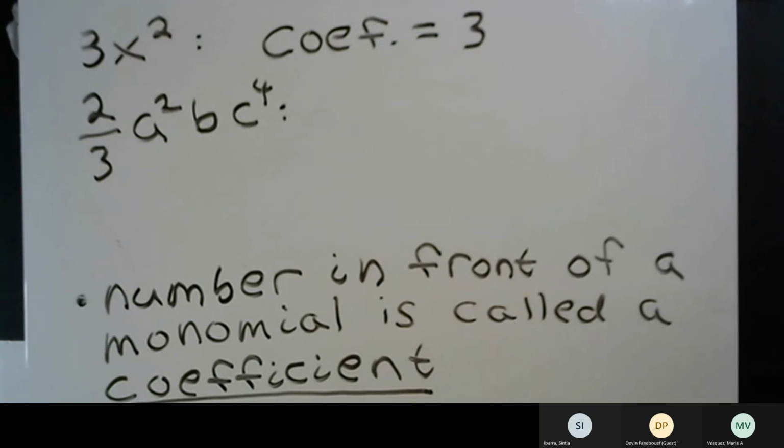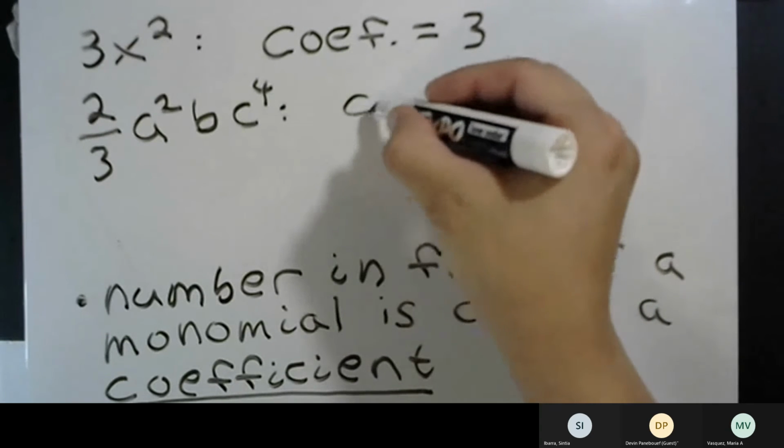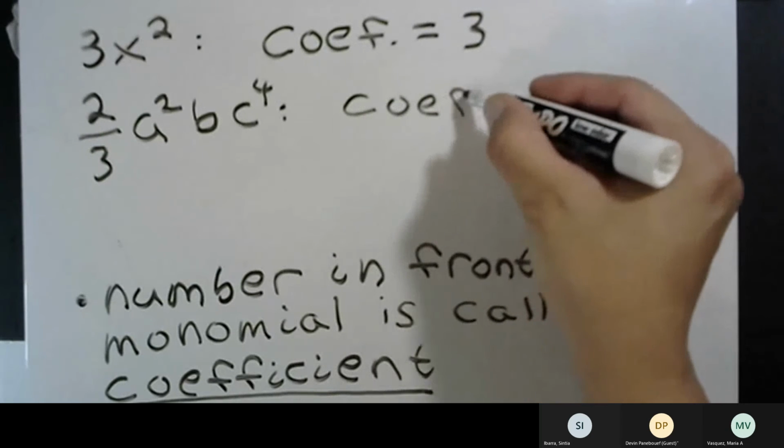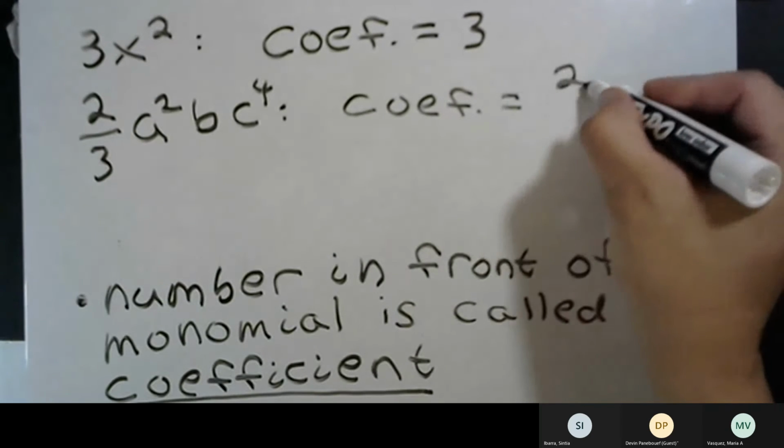For this one, 2/3 a squared b c4, coefficient, that's 2/3.